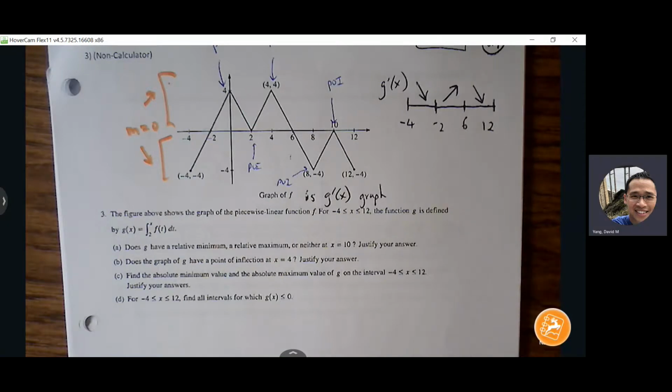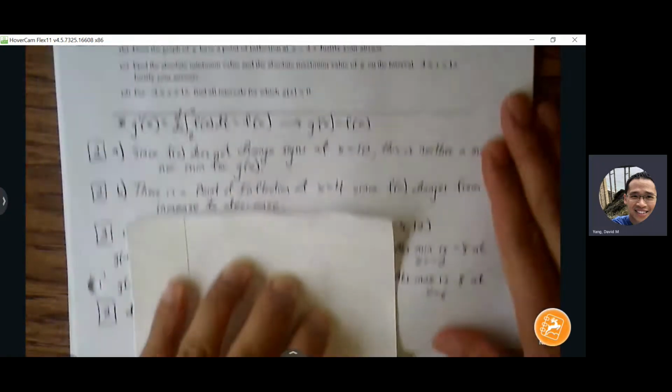Okay, so the answer is yes, there's a point of inflection at x = 4, since f changes from increasing to decreasing. Another way of saying that there's a peak or valley.